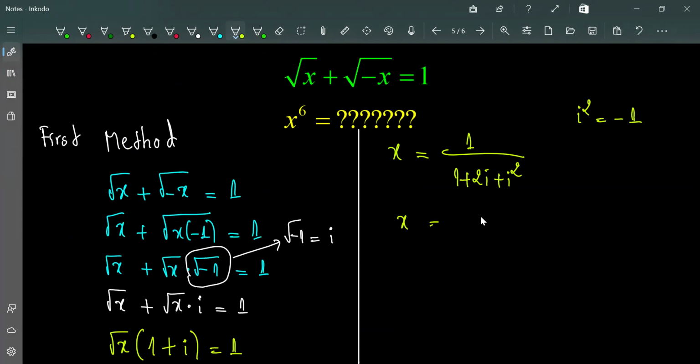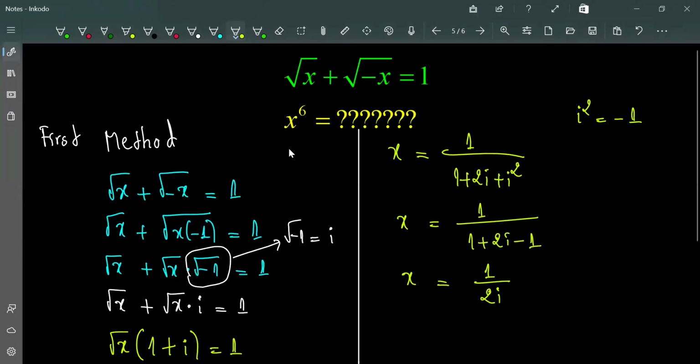Then we write 1 over 1 plus 2i minus 1. So we can simplify 1 and negative 1 because 1 and negative 1 is equal to 0. So then x equal to 1 over 2i.